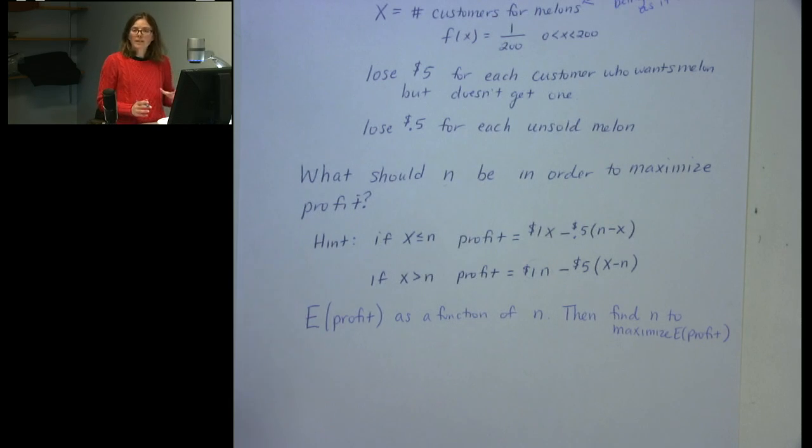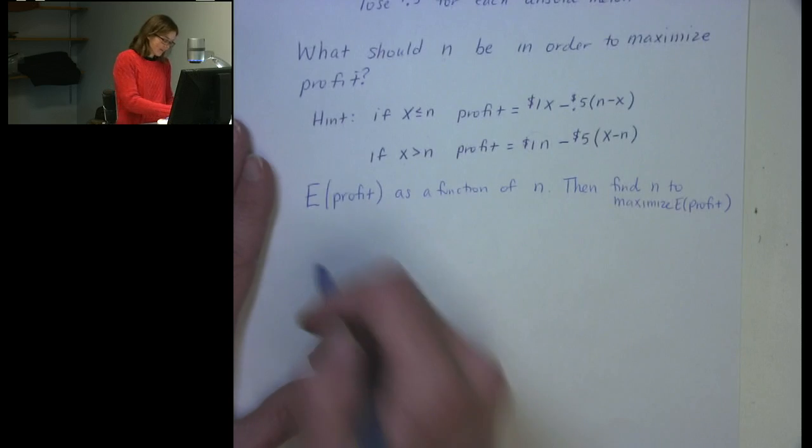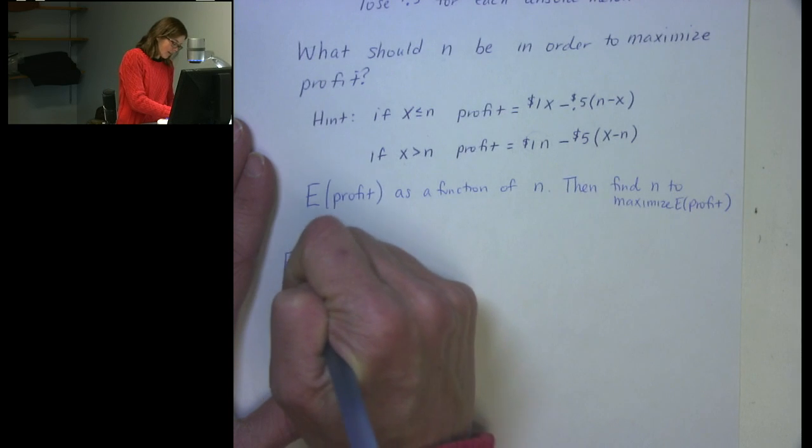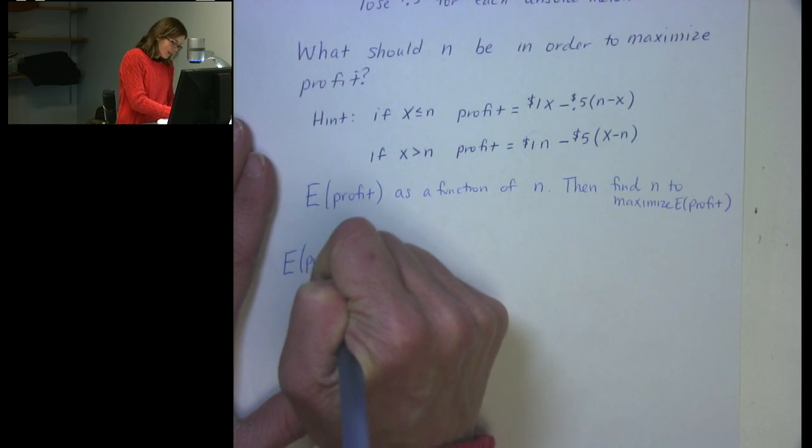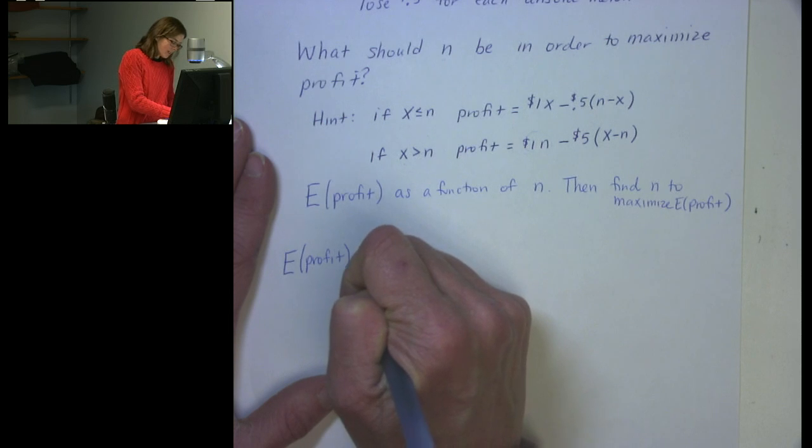The key to this is really breaking your expected value when you calculate the expected profit up into two pieces. So overall, the expected value of the profit, we're going to integrate over two different pieces and add them together.